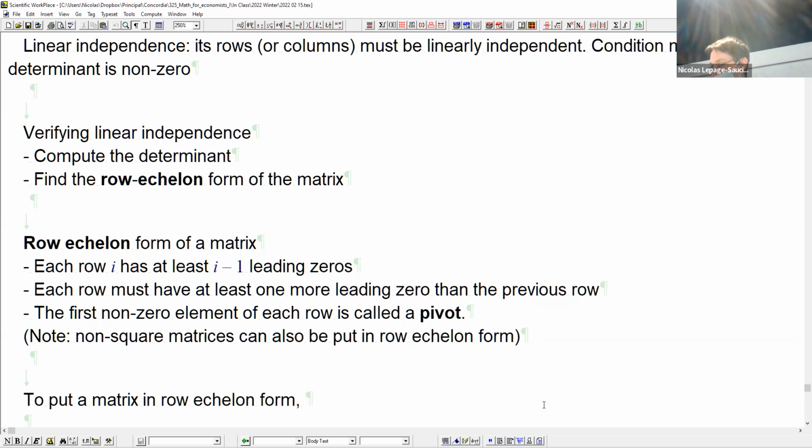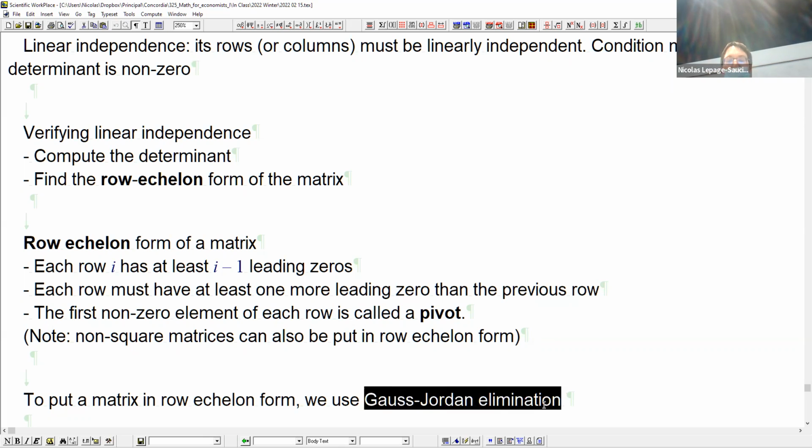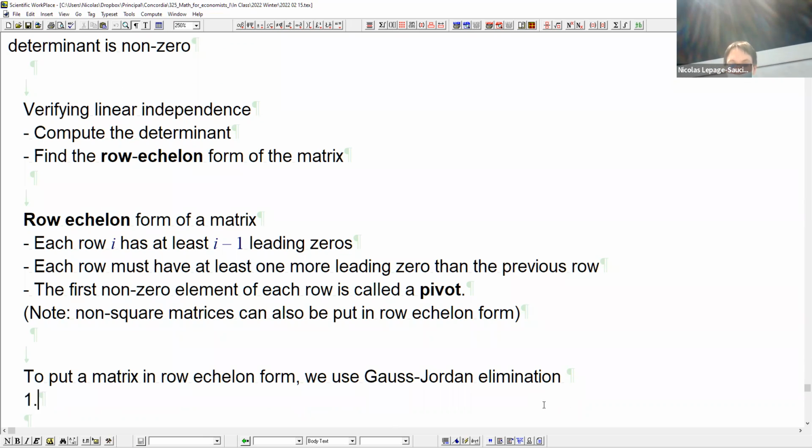we use Gauss-Jordan. So what is it? This is like solving your linear system of equations. It's just a formal way of doing it. So here are the rules you can use for the Gauss-Jordan elimination.